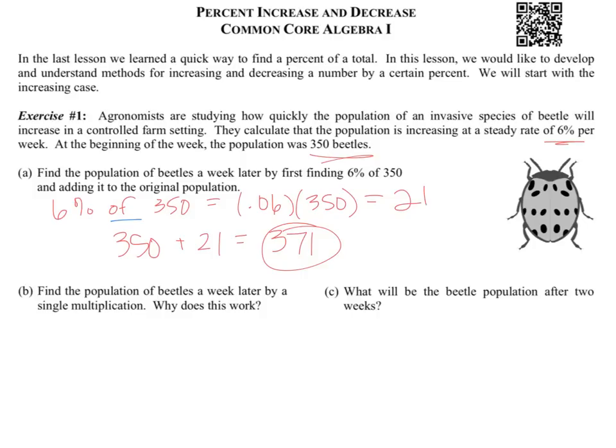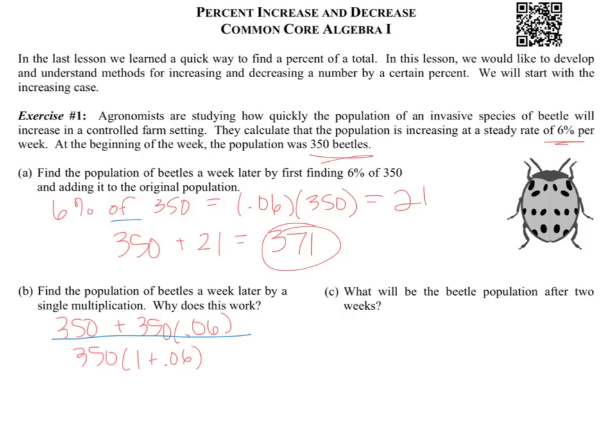So what if we do 350 plus 350 times 0.06? We end up with the same thing as 350 times 1 plus 0.06. Because what we did is we looked at this as if it was a distributive property.